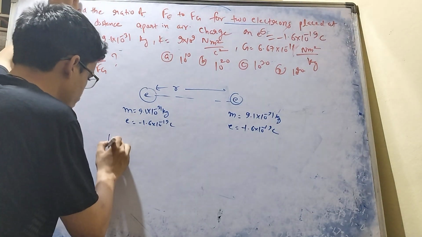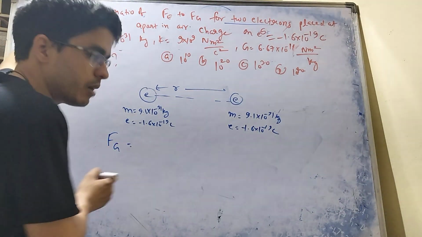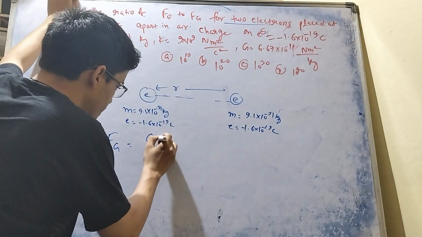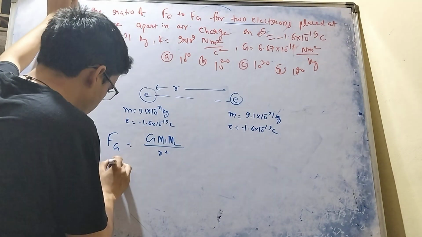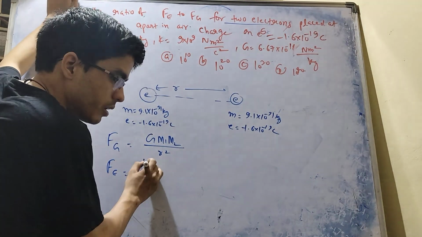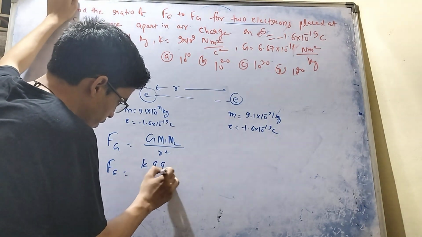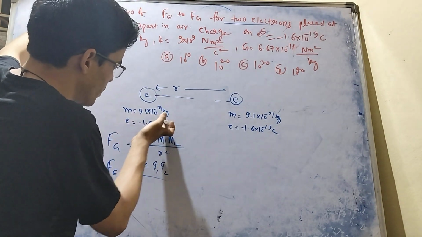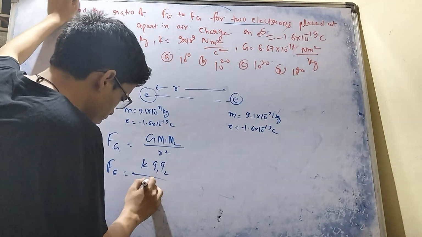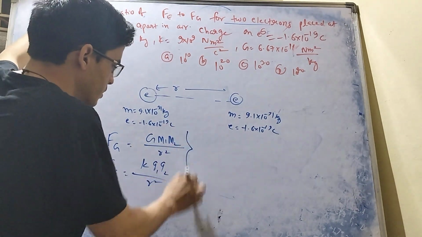So I simply want to write here what is gravitational force. Tell me. This will be G m1 m2 by r square, right? And what is the electrostatic force? K q1 q2 by r square, because both are the same. Check here also, q value is minus 1.6 into 10 power minus 19. Here also the same. Now I want the ratio of both.